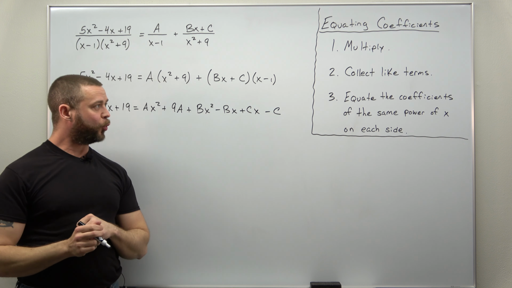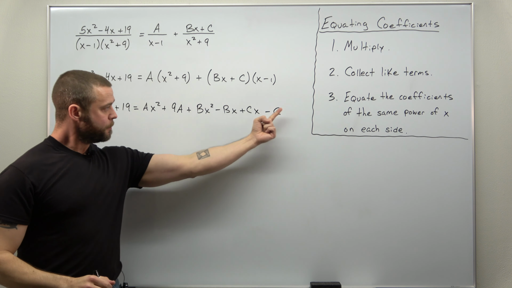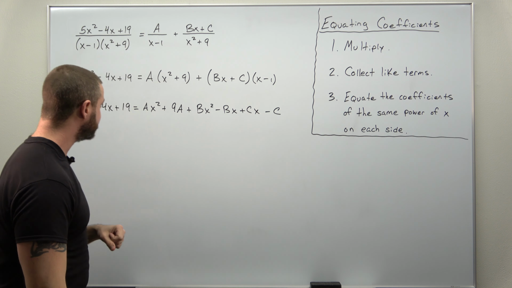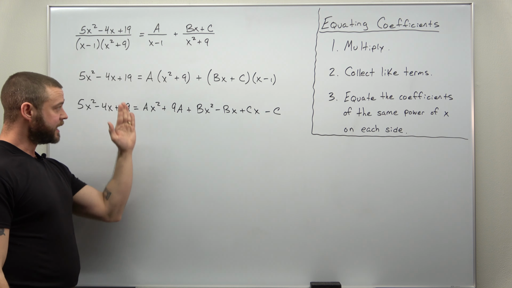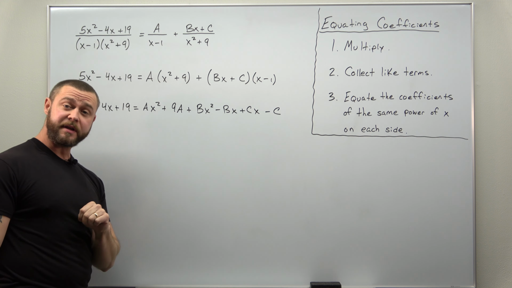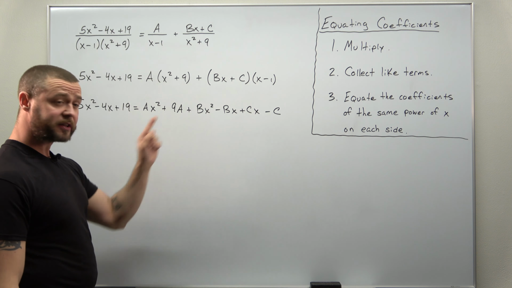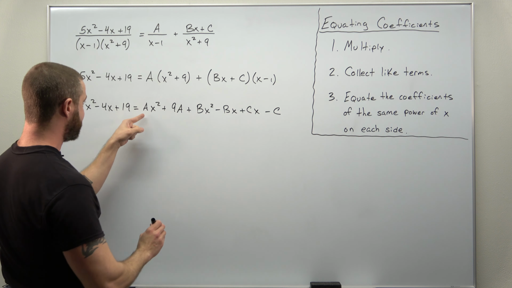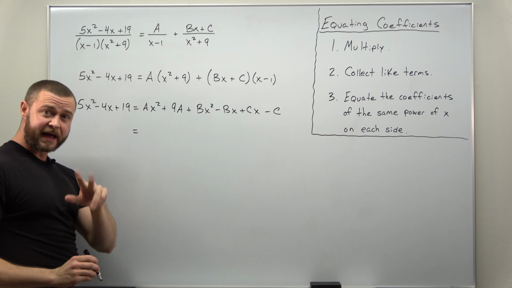All right, so that is step one. We have a bunch of terms here. Some of them are like terms. Let's go ahead and combine them. I'm going to notice we have x squareds and then going down in powers. So let's collect first all of the x squareds. Looks like we have an A and a B x squared.